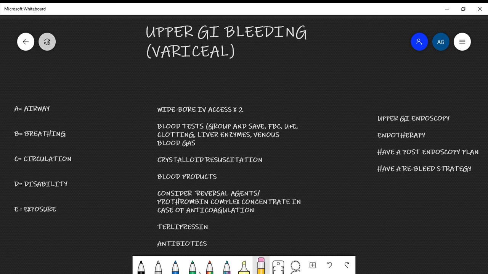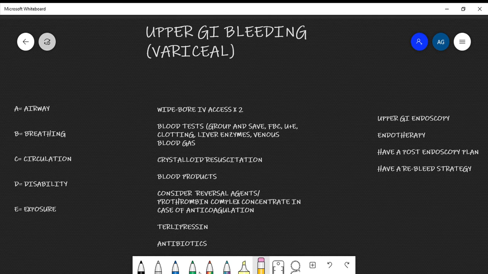You have a set pro forma in your mind of how to approach this patient so that you can do all the things necessary and in the right order. So I'm going to talk about only variceal bleed in this particular lecture, and this is by no means an exhaustive lecture. This is just a general overview.